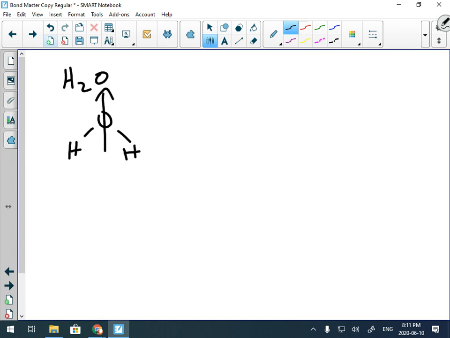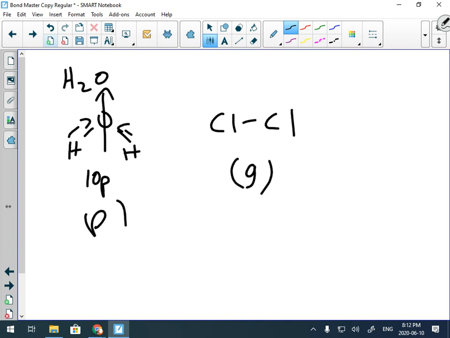If we draw our arrows right, they're going to be pulled into the oxygen, and water only has 10 protons. Chlorine is a gas, water is a liquid, and chlorine has 34 protons. So molecular polarity automatically makes the forces stronger.